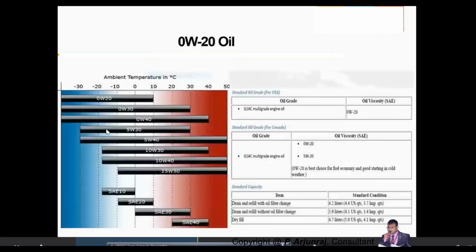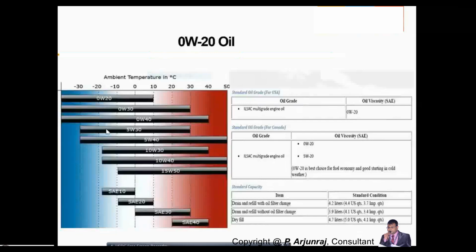But on the other aspect, in higher temperature or hot condition, 5W30 is better than 0W20. And again, you need to select the oil depending upon the weather condition, and depending upon the condition where you are operating the vehicle.